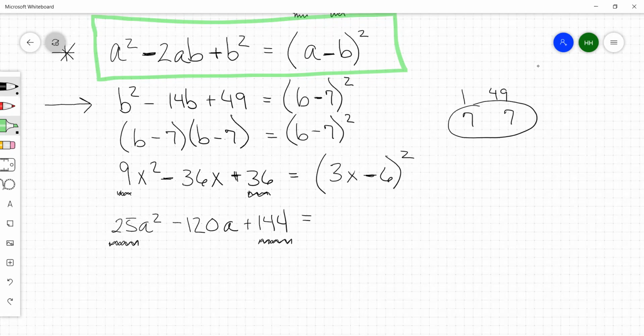And it's in the format of minus plus. So it's a perfect square trinomial. So our first factor is going to be 5a minus the square root of 144, which is 12, and it's all squared.